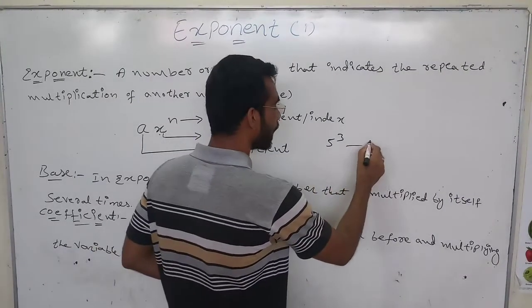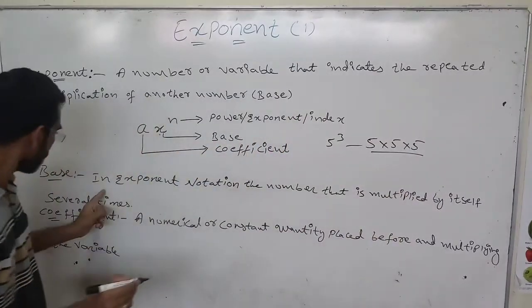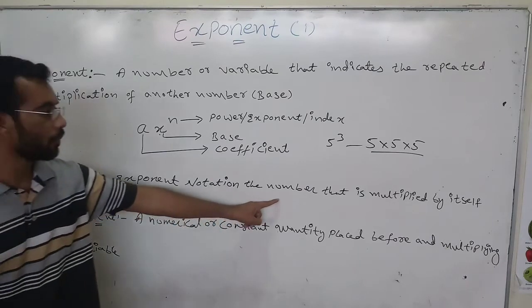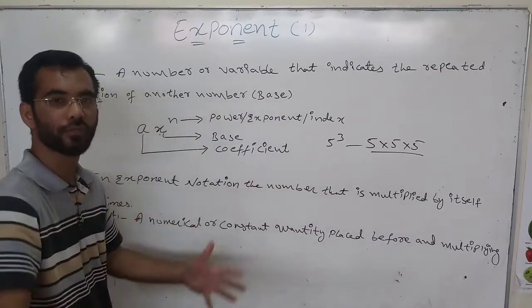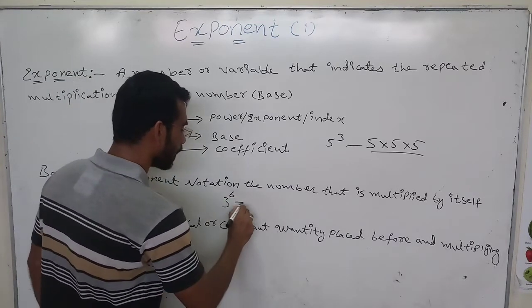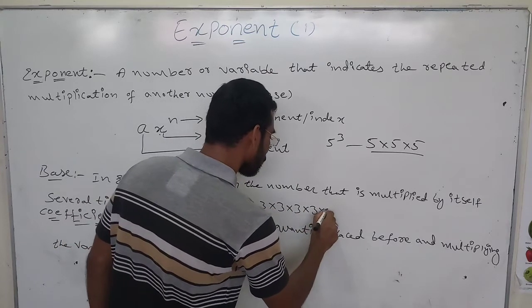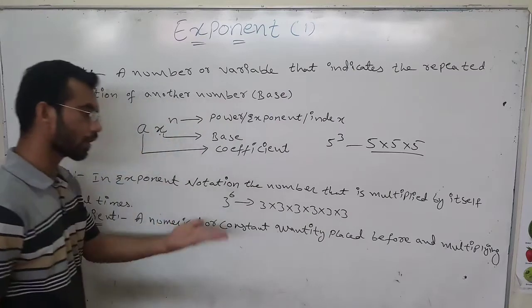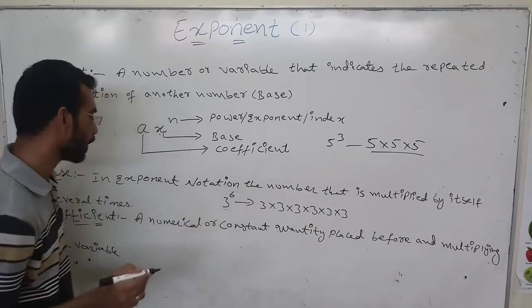That means 5 is getting multiplied 3 times. If it is given 3 power of 6, that means 3 should be multiplied 6 times. So 3 is called the base.